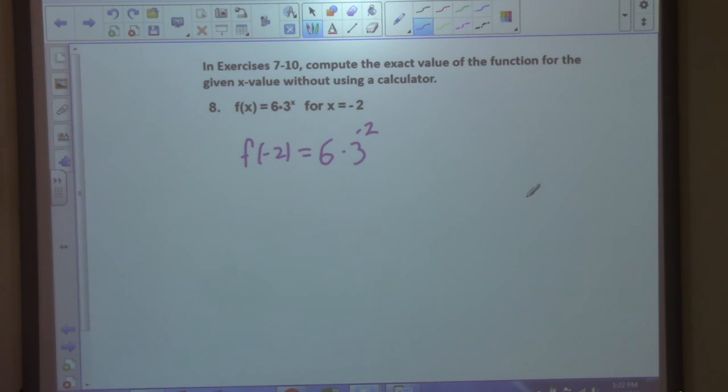Okay. No. Look at your rules of exponents, right? What are you going to do with using rules of exponents? What are you going to do with this thing here? Rule of negative exponents.